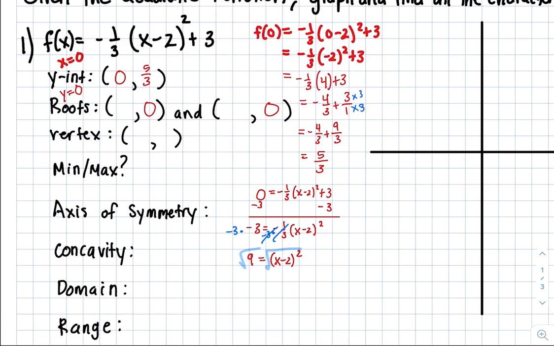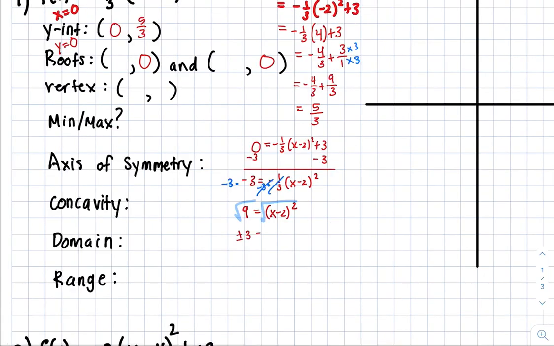We're going to get plus or minus 3 is equal to x minus 2. Make our two equations. 3 is equal to x minus 2, or negative 3 is equal to x minus 2. Add 2 to both sides, add 2 to both sides. So 5 is equal to x, or negative 1 is equal to x. So those are our roots, negative 1, comma 0, and 5, comma 0.